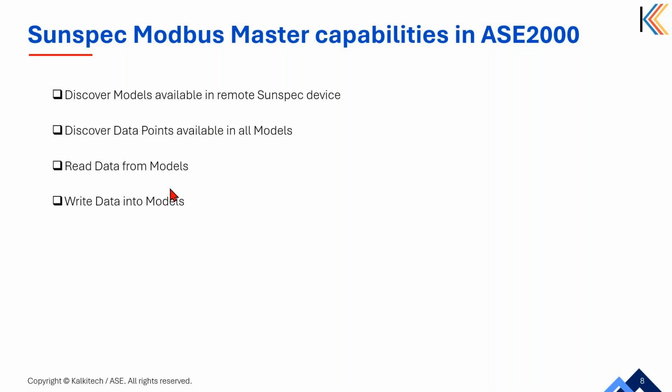That can be simulated using ASE 2000, and another capability is the write of the schedules. For that, we support the write feature, and the user will be able to select the data points which are writable, based on the discovery. So these are some capabilities in ASE 2000.